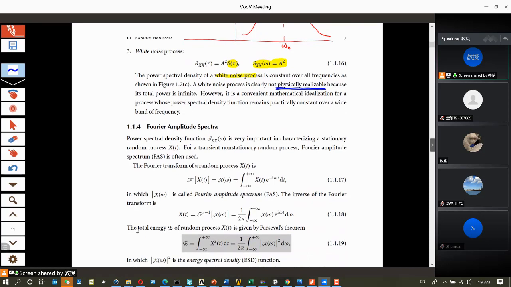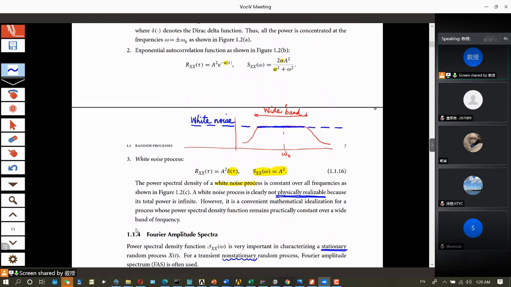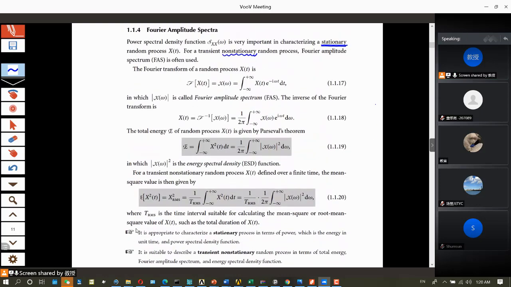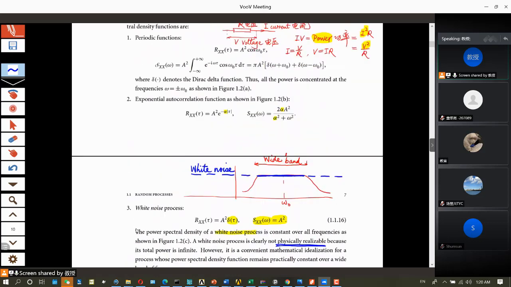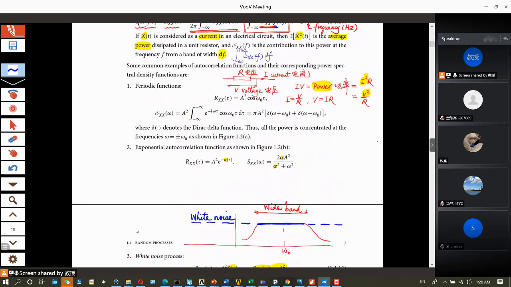Power spectral density function Sxx is very important in characterizing a stationary random process. For a transient, non-stationary process, we cannot use power spectral density. The reason is power spectral density characterizes the power.